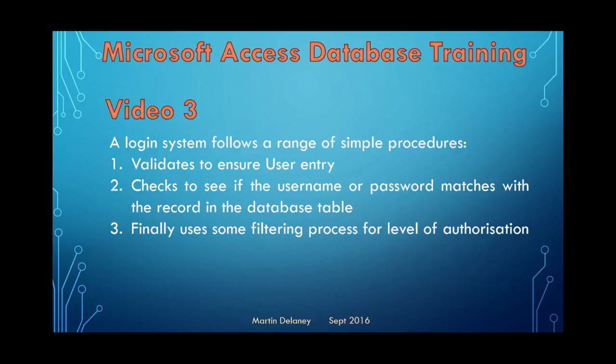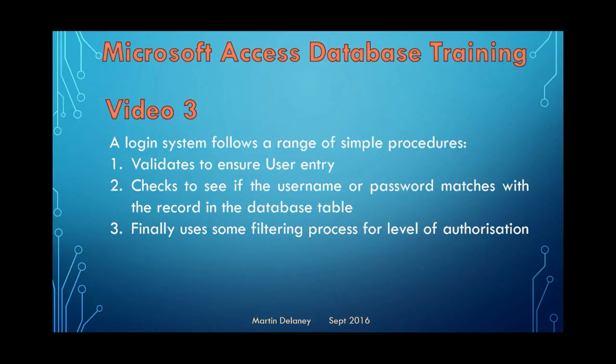So for the person that's logged in, you can check what level of authorization, and then within that you can allow different components of the dashboard or the splash screen to be enabled, visible. Also you can change some of the properties of the form.